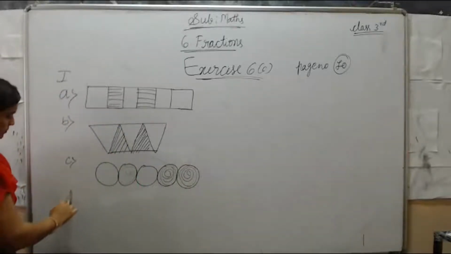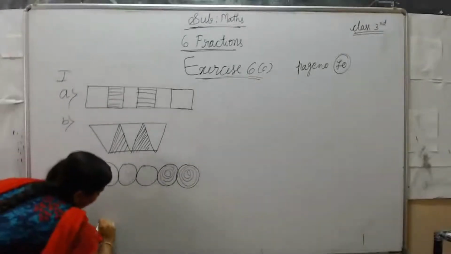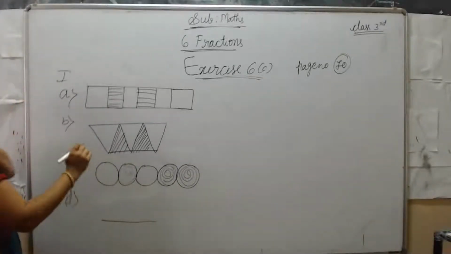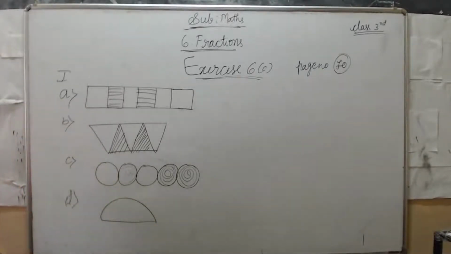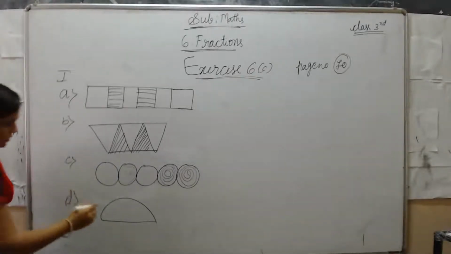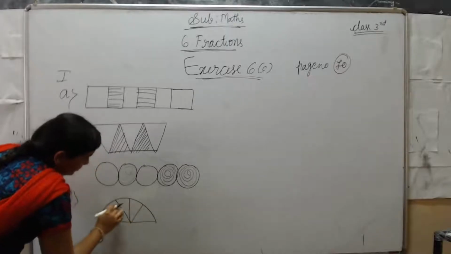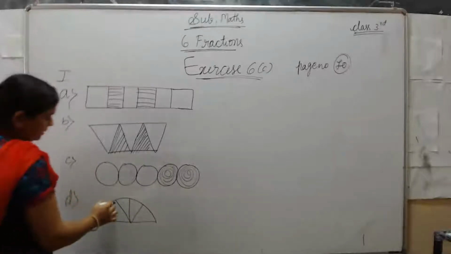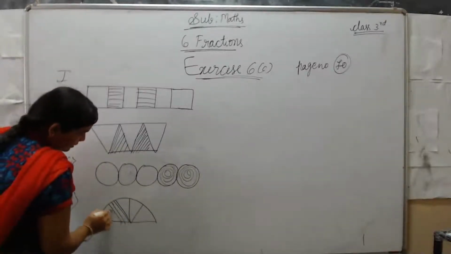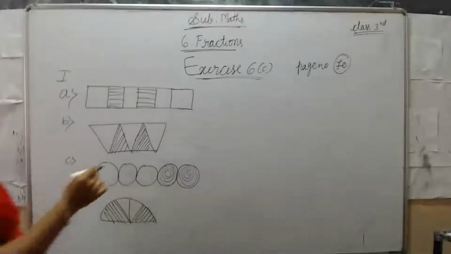D1 means a semicircle is there in this one. The circle has been divided into 4 equal parts. In this one, they are shaded. For these, we have to write the fractions for these shapes.